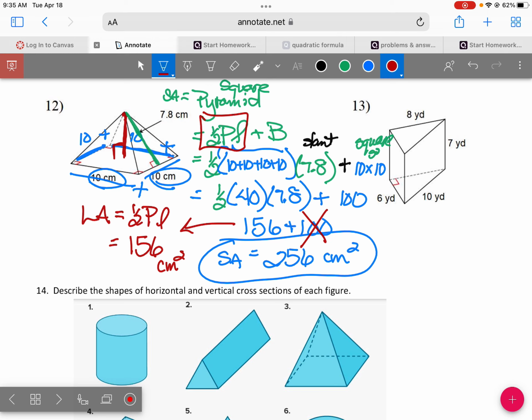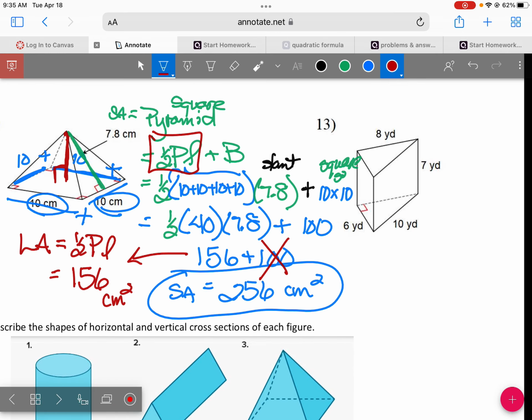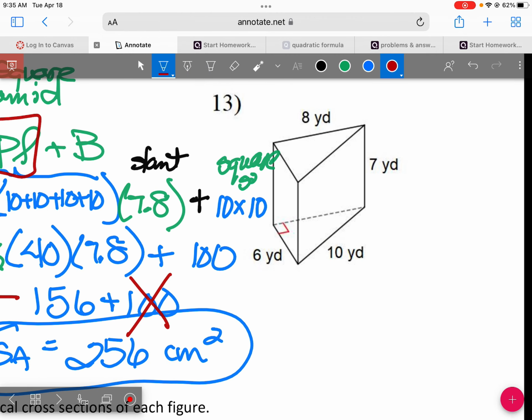Okay, let's go to number 13. What is 13? What is that figure? Well, let's see. Is it a prism? Is it a cylinder? Is it a pyramid, a cone, or a sphere? Is it a sphere? No. Is it a cone? No. Is it a cylinder?